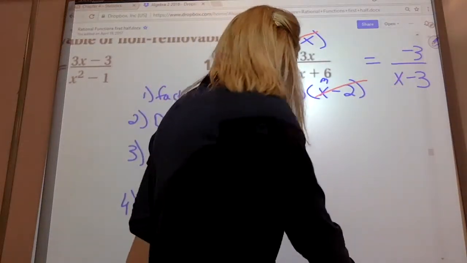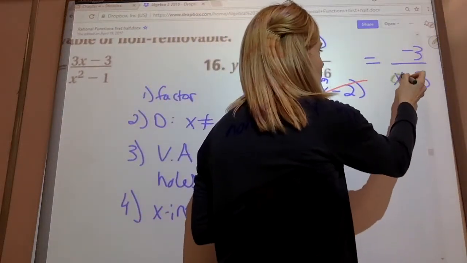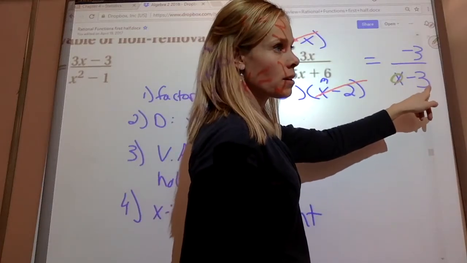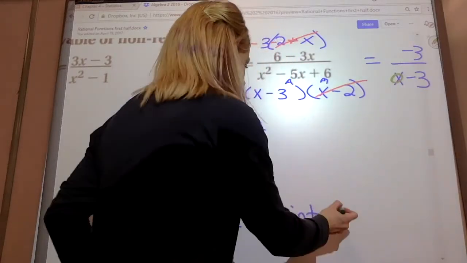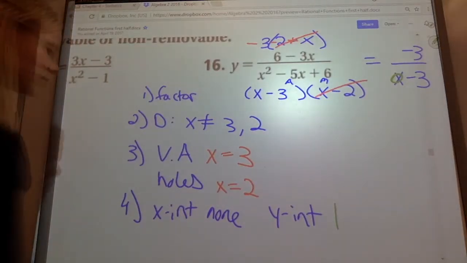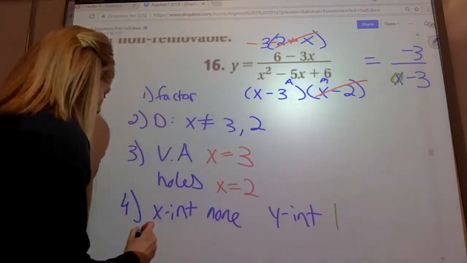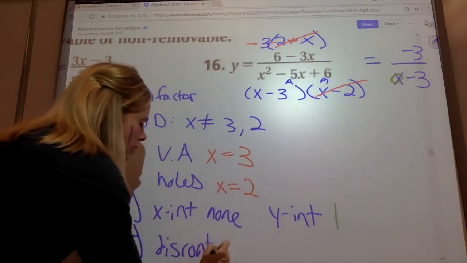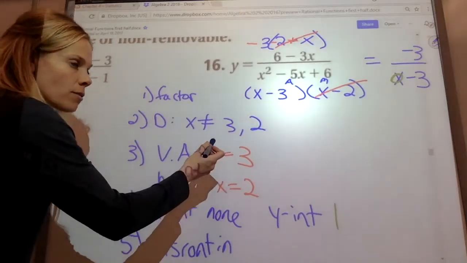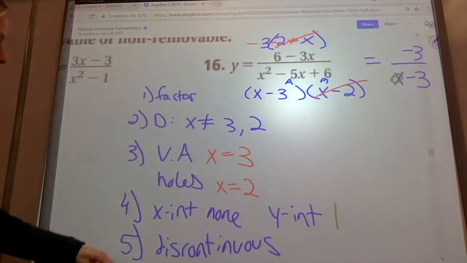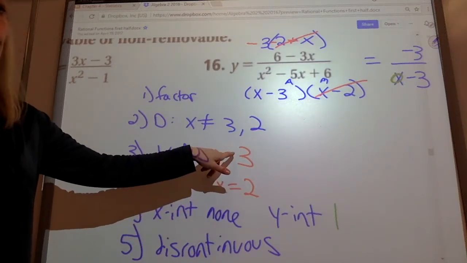Yeah, so what happens when I put 0 in for x here? I get negative 3 divided by negative 3, which is 1. So my y-intercept's 1. Would this be continuous or discontinuous? Discontinuous because I have holes in vertical asymptotes. And I have a removable and a non-removable.